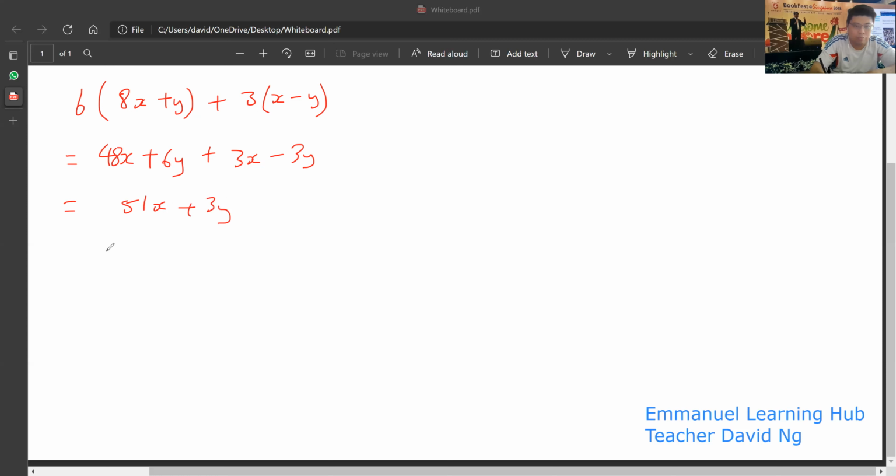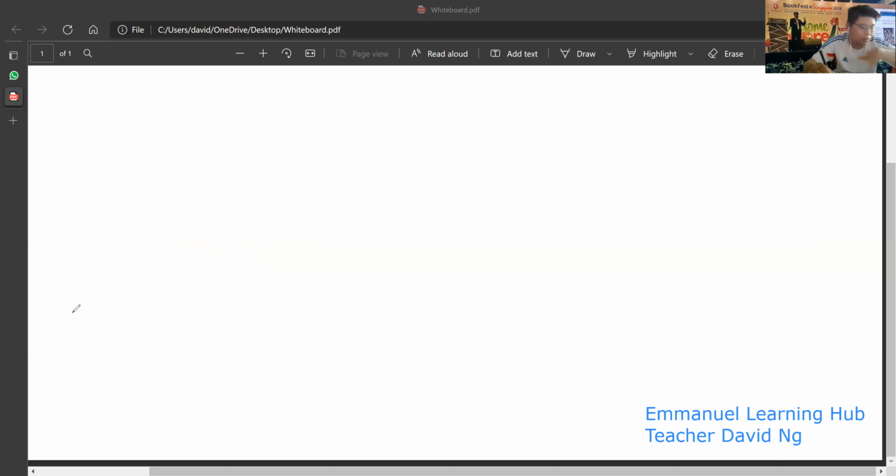Yes. 51 divided by 3, 17. Okay? You can simplify it like that. But in exam, you write like that, okay. You want to impress your marker, you write like that. But what if I convert wrongly, then the whole thing too bad.